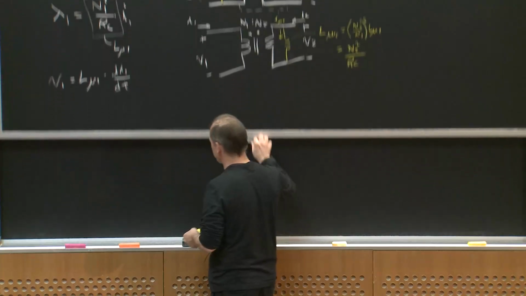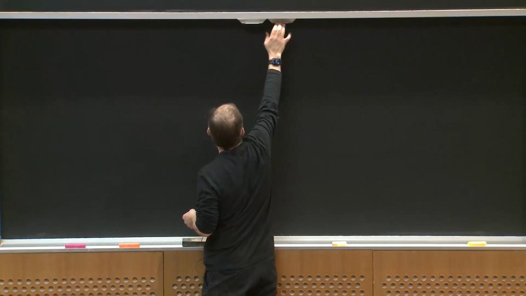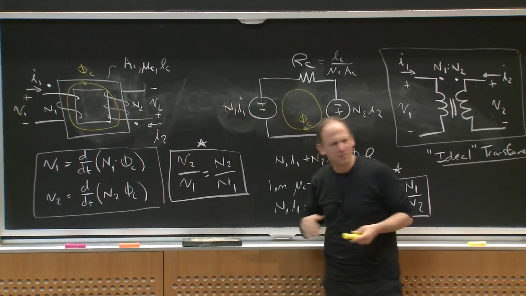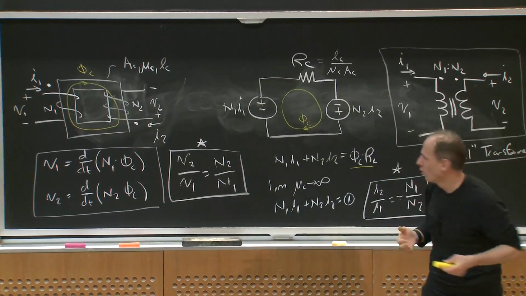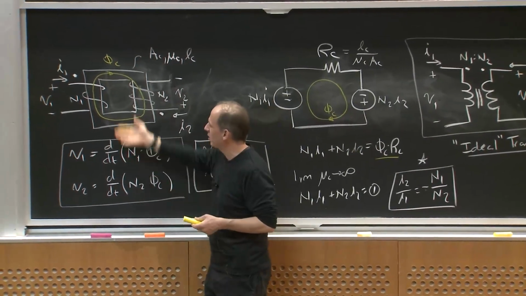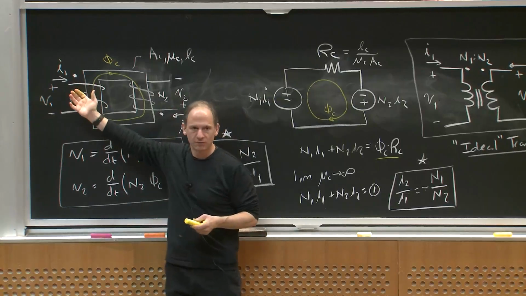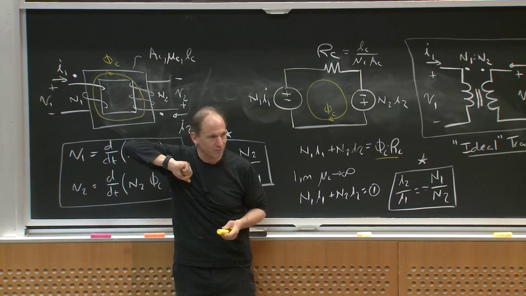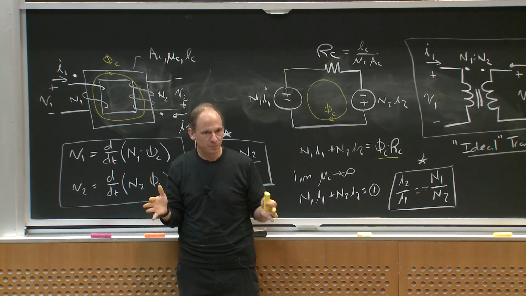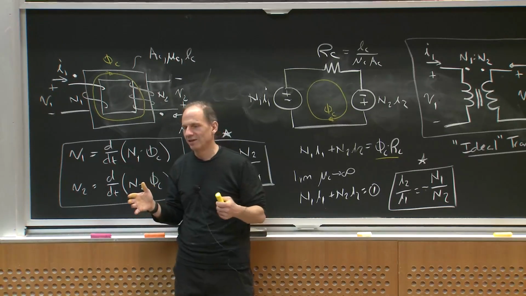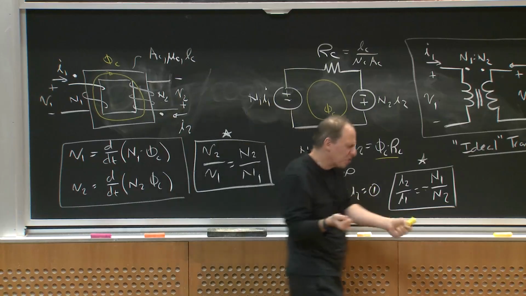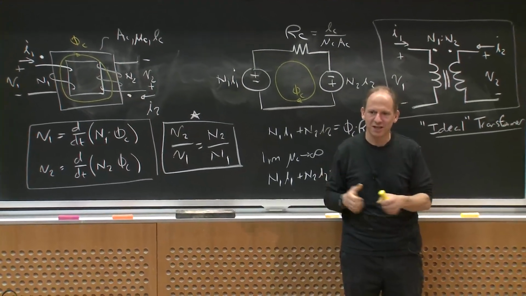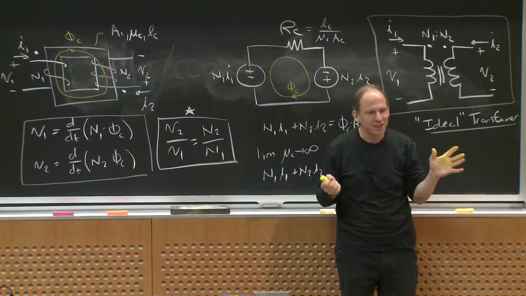Well, if I had an infinitely permeable core, or a permeability so much higher than the surrounding universe that I could ignore any flux that goes anywhere except in the core, that would be great. But the problem is, permeabilities are sort of 1,000 or 10,000 mu naught or something like that. Magnetic circuits are kind of leaky. The flux pipes are very leaky pipes.